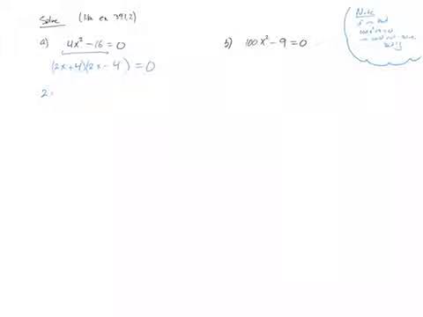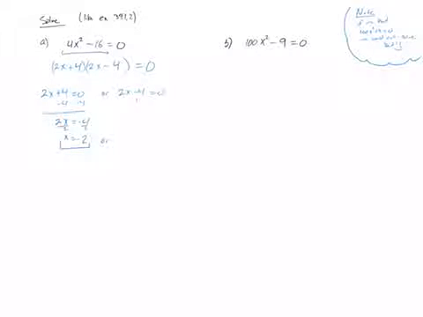So I'm going to say 2x plus 4 is equal to 0, or 2x minus 4 is equal to 0. Solving each of those individually, if I subtract 4 here, I have 2x is equal to negative 4, which means x is going to equal, when I divide by 2, negative 2.